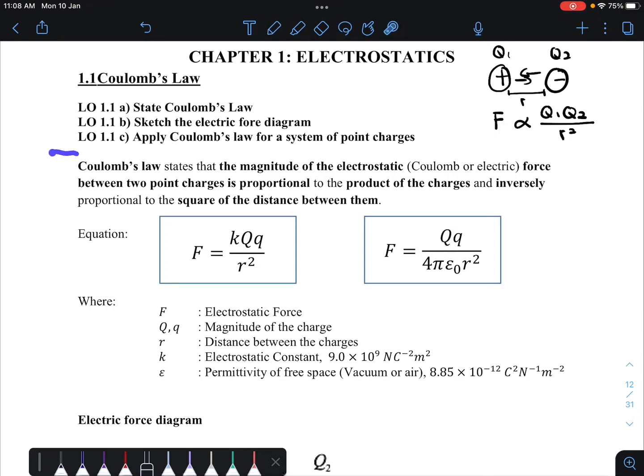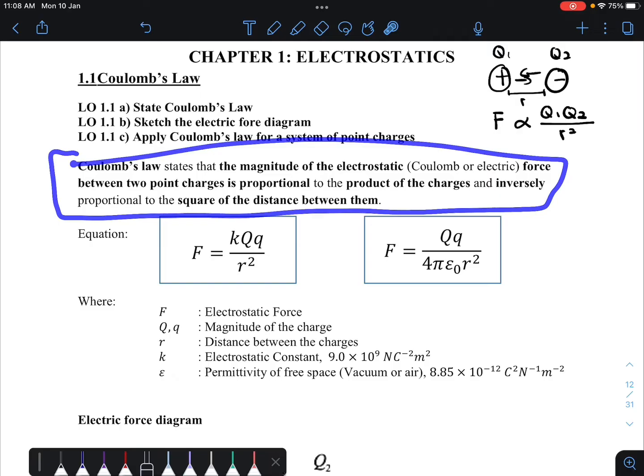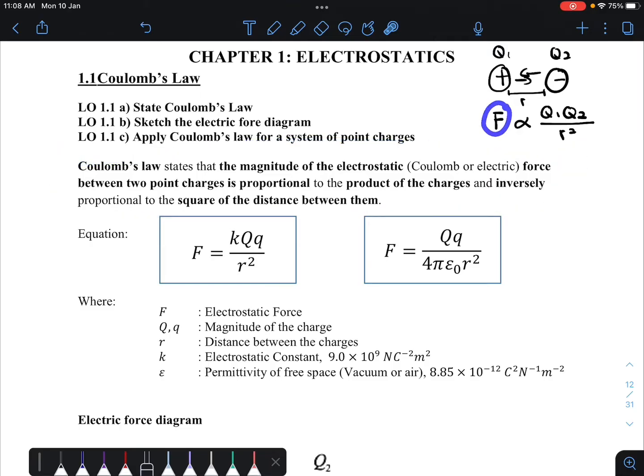So basically, whatever this whole sentence means is this proportionality, where the magnitude of the force is directly proportional to the product of the charges and inversely proportional to the square of the distance between them.